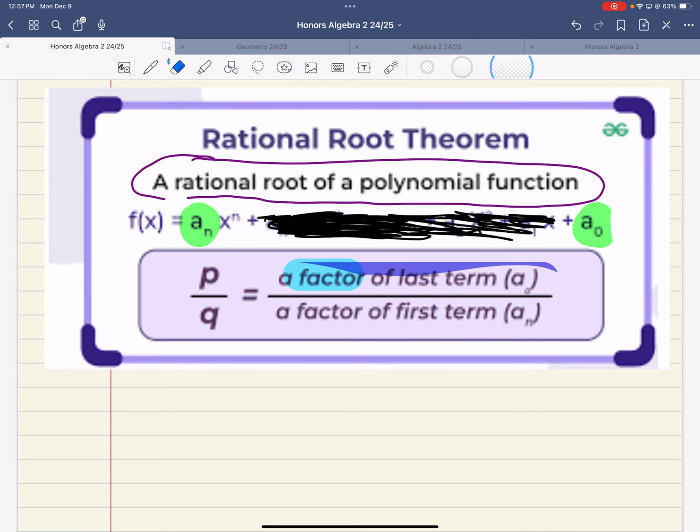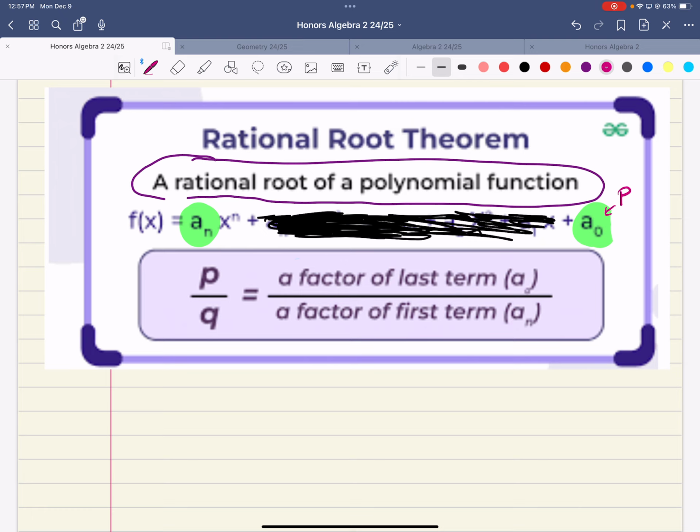Now, we've got two things within this that we have to concentrate on. It's P and Q. P is going to be the factors of the last term, a sub 0. And that's why I had the P up there earlier that I erased. It's not that value itself, it's the factors of that term.